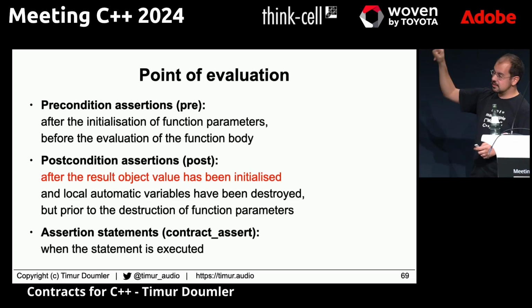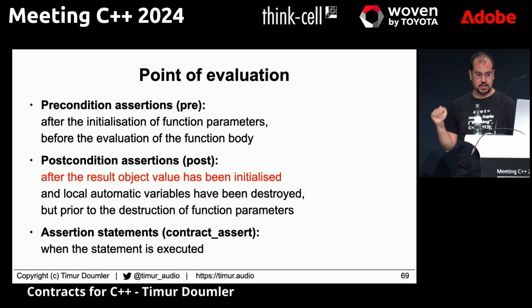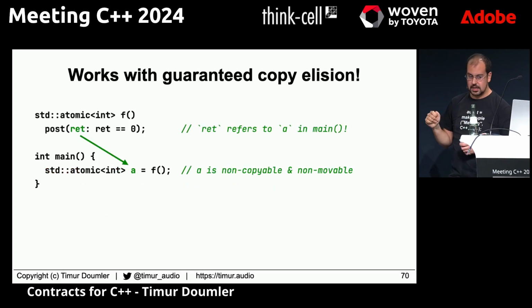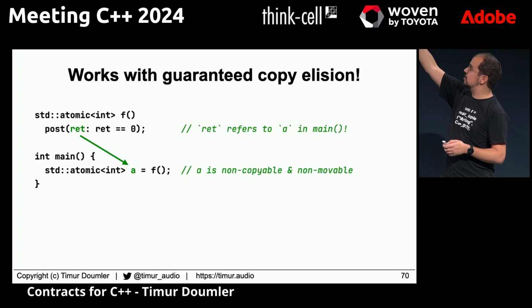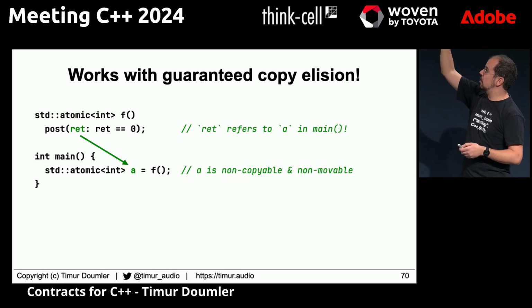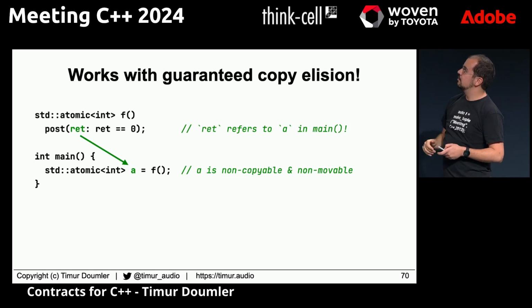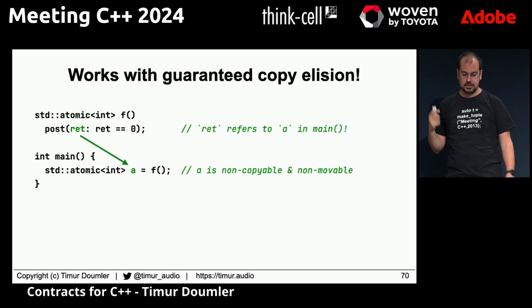So because it's evaluated after the result object value has been initialized, we can do this, and it will actually refer to the object in main that you have already initialized by the time post gets checked.